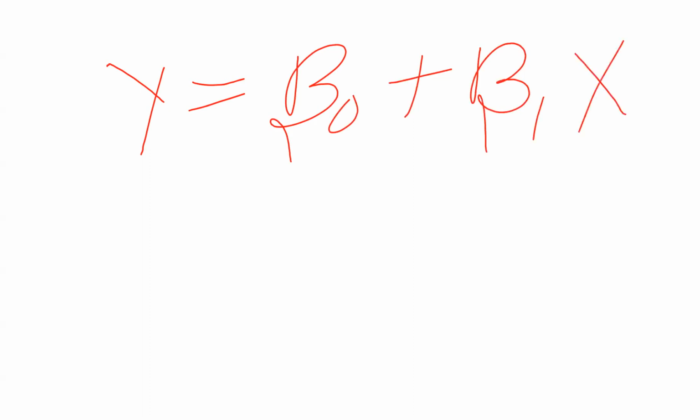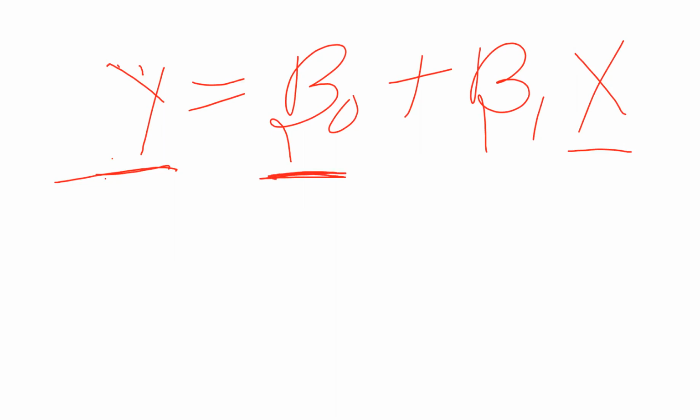You will be given the values of x. For example, your x is education, so you have data of people and their years of education. You also have data of their salaries. That is your y.